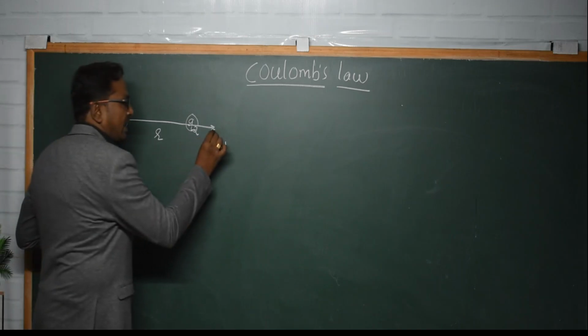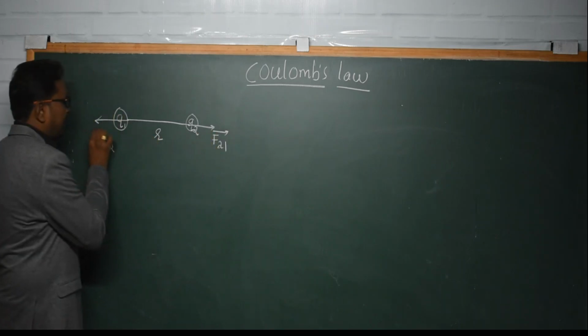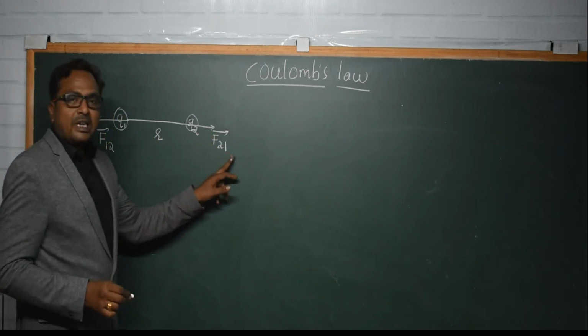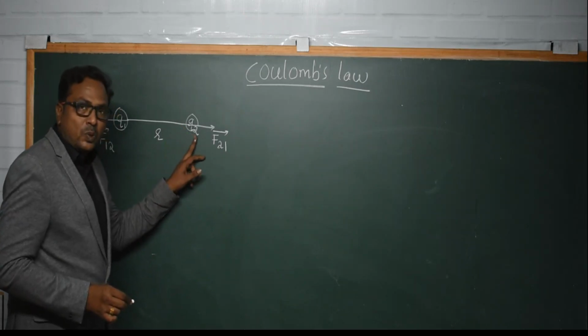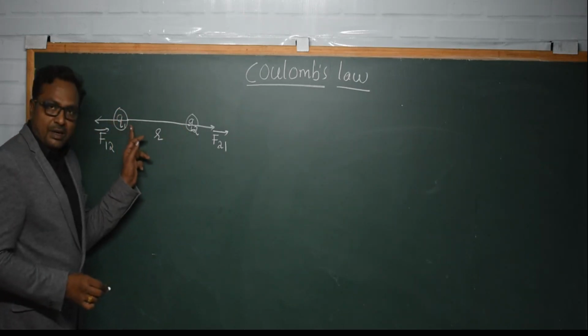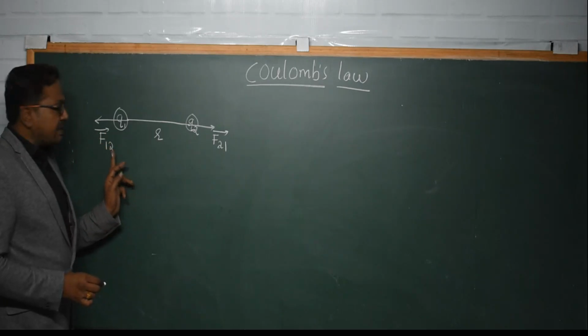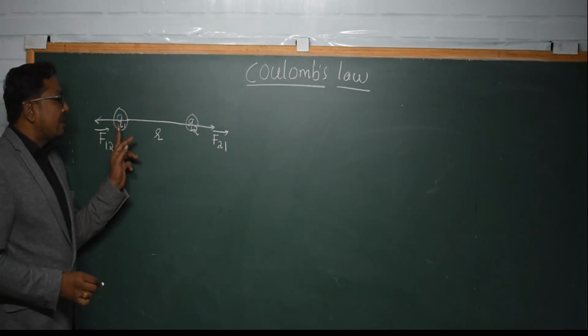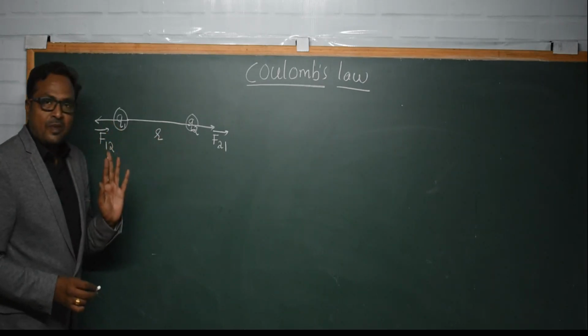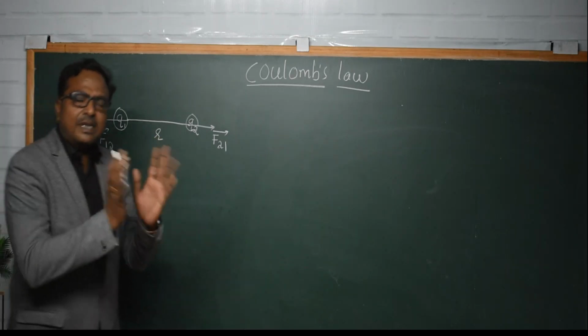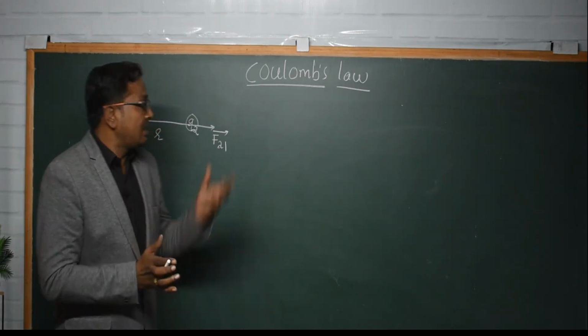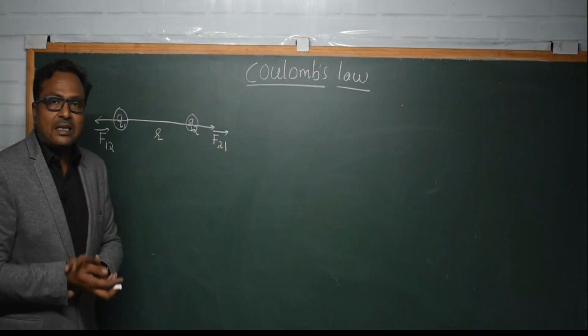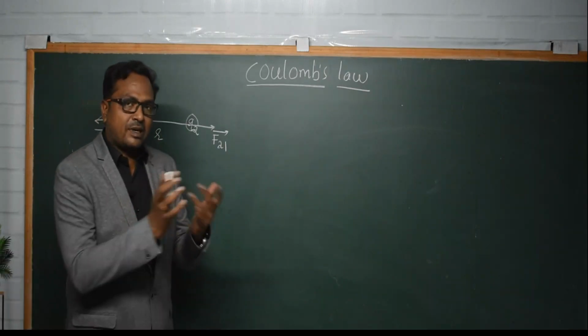F21 represents the force on charge 2 by charge 1, and F12 represents the force on charge Q1 by Q2. But in general, we will give the force between the two charges, either attraction or repulsion.